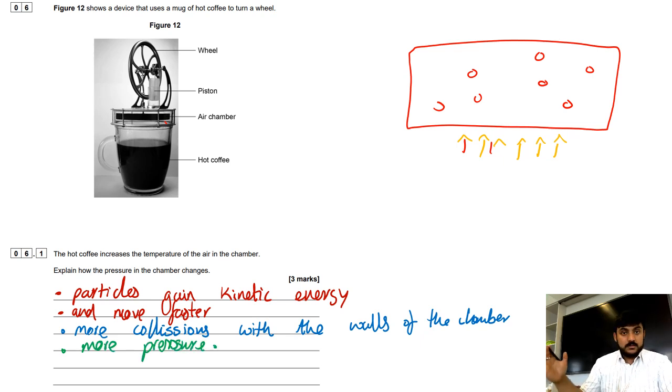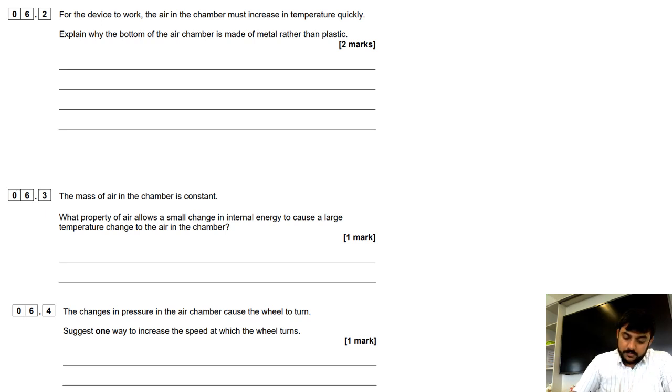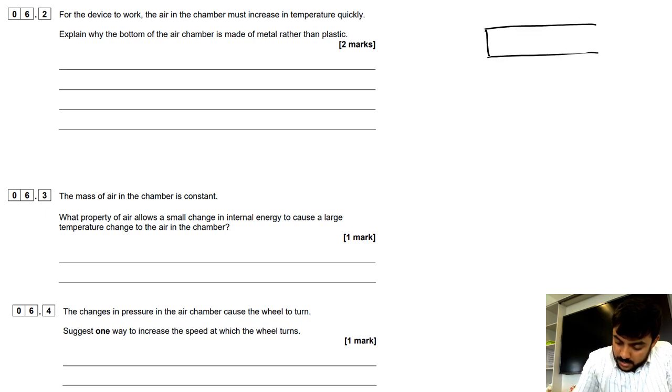That's it. Next. For the device to work, the air in the chamber must increase in temperature quickly. So here's the chamber. The air must increase quickly in temperature. Explain why the bottom of the air chamber is made of metal rather than plastic.